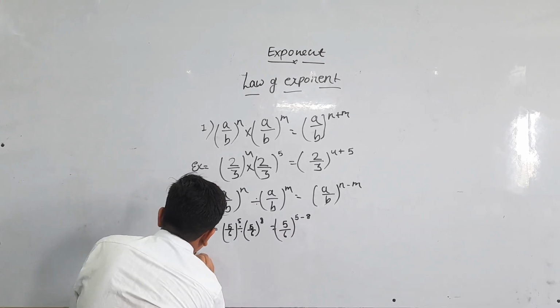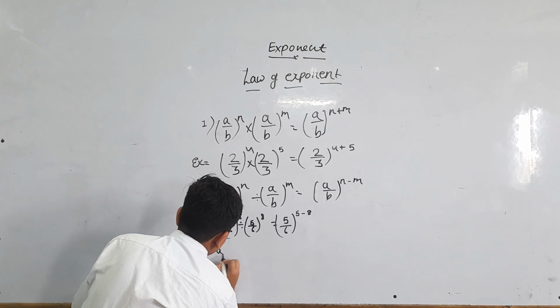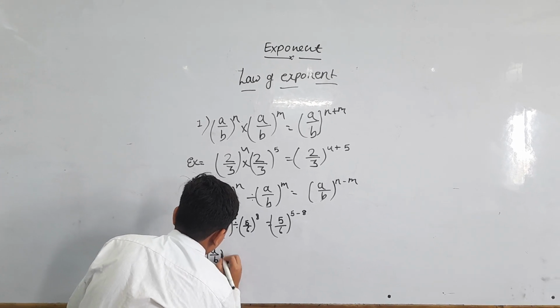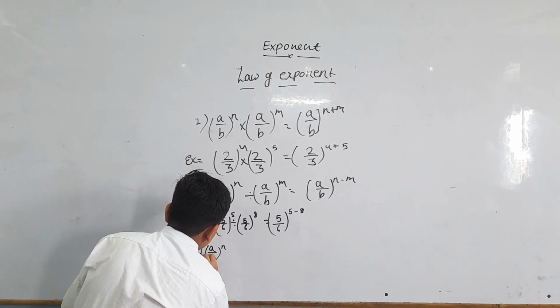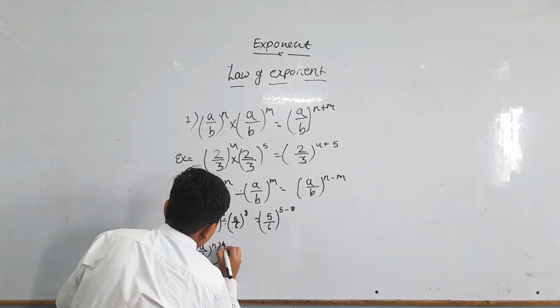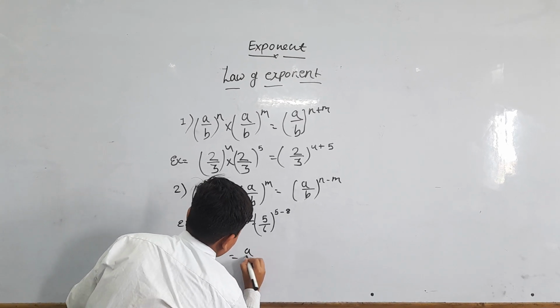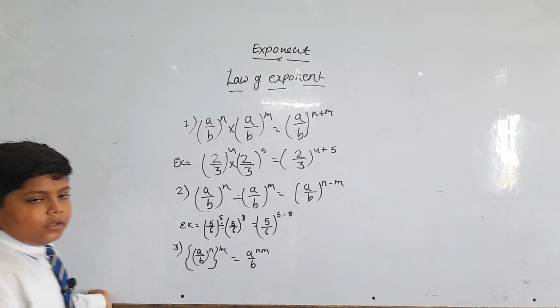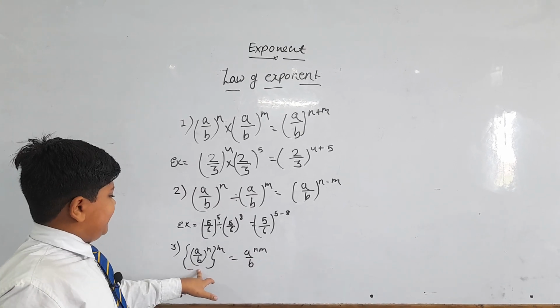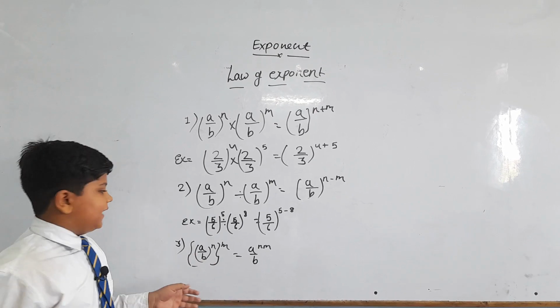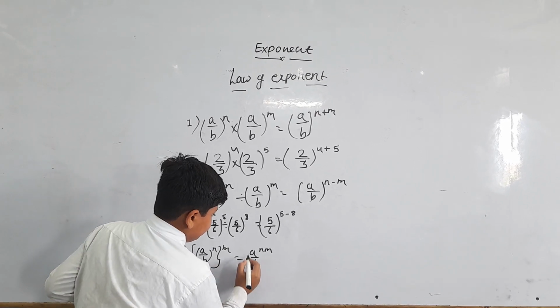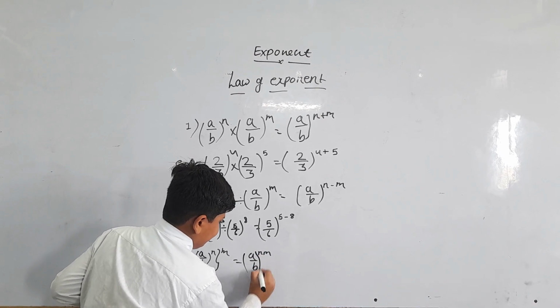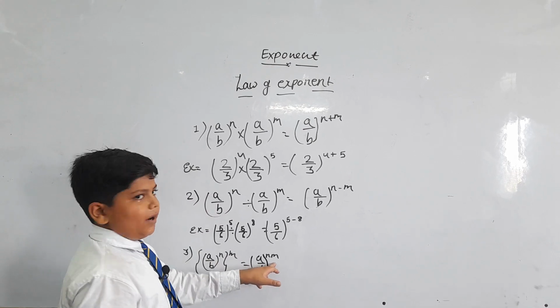And the third rule: we see when any number has more than one power, we keep the base and the powers will be multiplied.